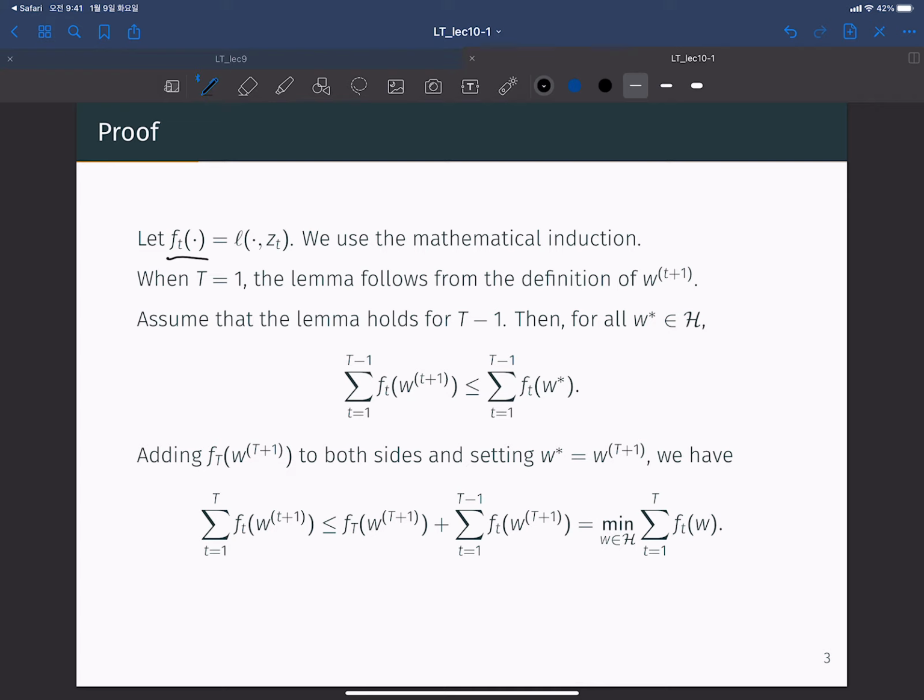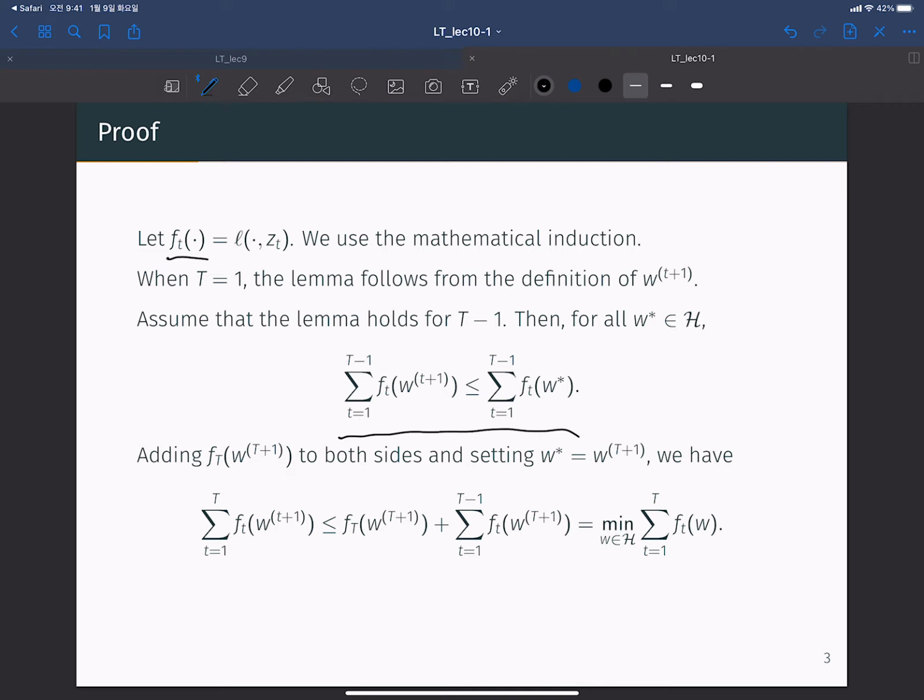And assume that the lemma holds for capital T minus 1, and of course capital T is greater than or equal to 2. Then for all w star, we have this from the assumption, since we assume that the lemma is true for capital T minus 1.